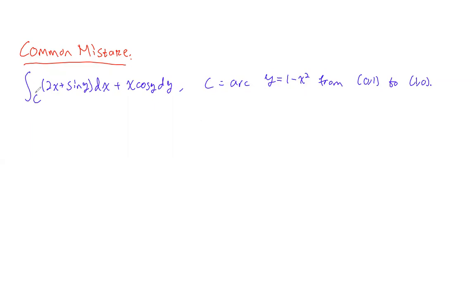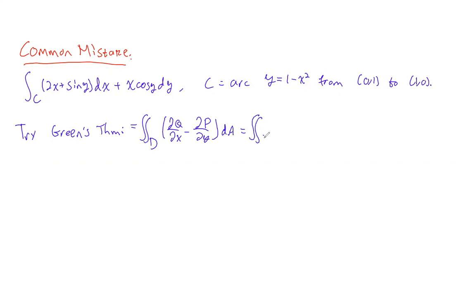So with that in mind, what can we say here? Oh, okay, so here's the thing. You might try to use Green's theorem, in which case this becomes the double integral over D of del Q del x minus del P del y dA.